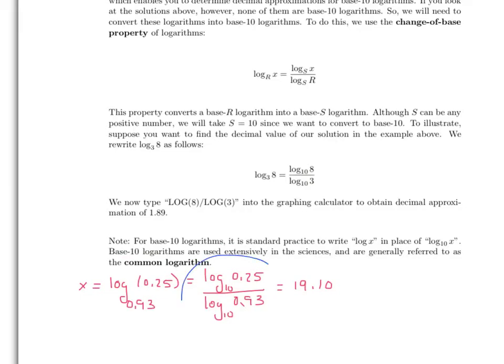So in our calculation right here, we could have just written log of 0.25 divided by log of 0.93. This is how it would be more commonly written.